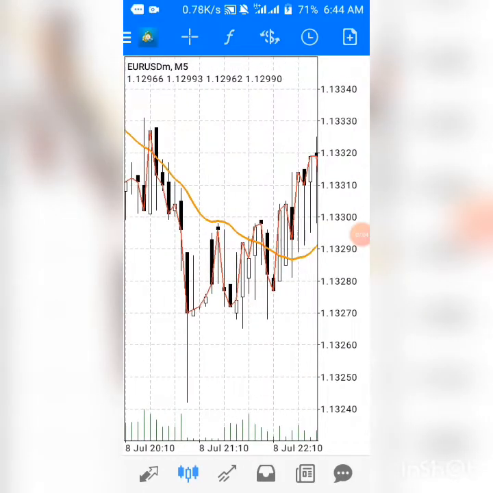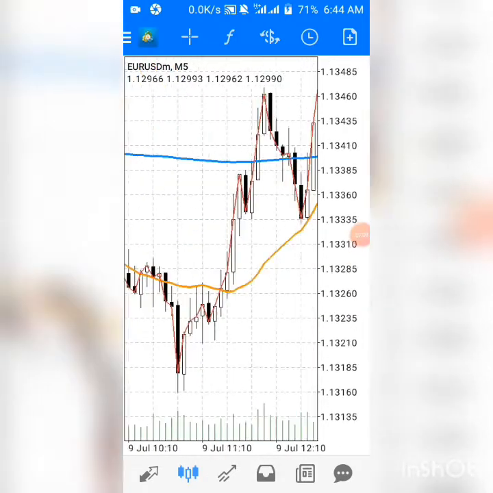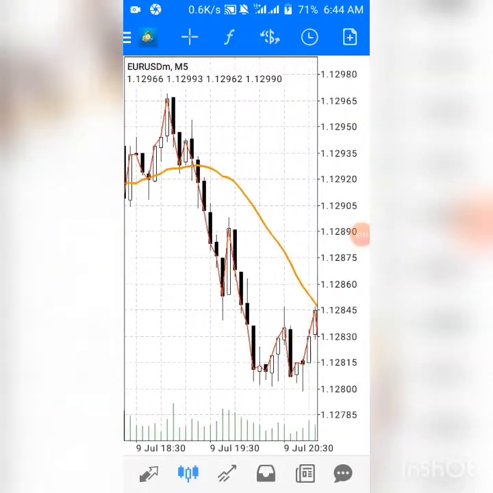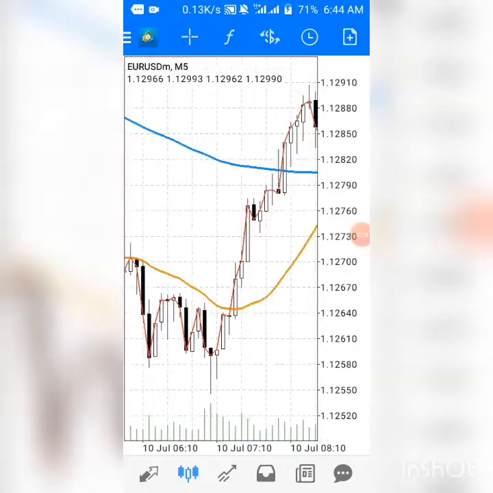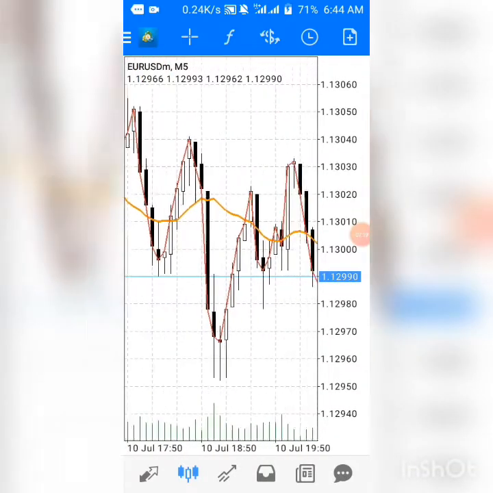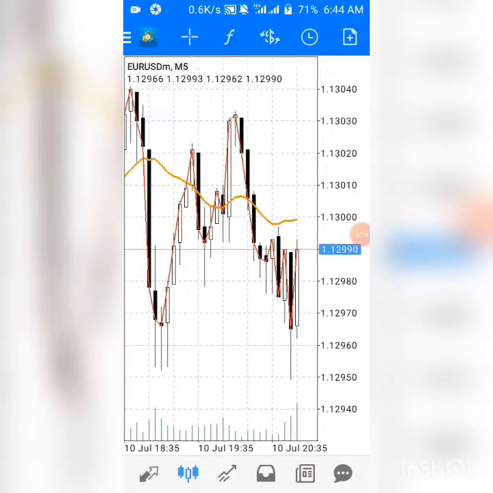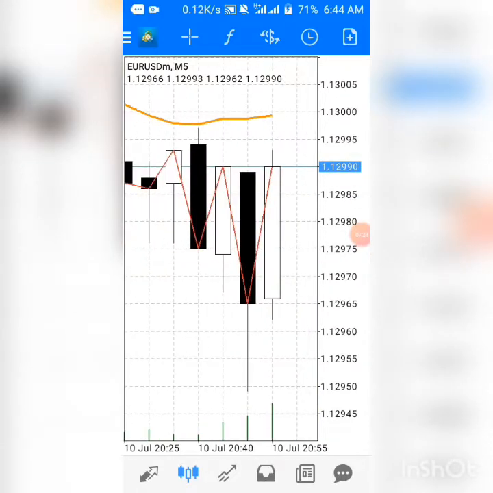Right now, market is closed, so we can't see price movement in real time. But when market opens on Sunday night, price will start to move. This is the chart showing where price is as at market close on Friday night.